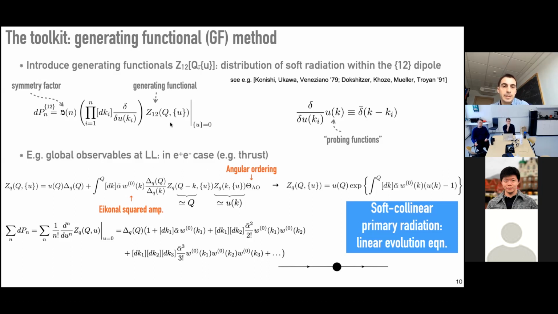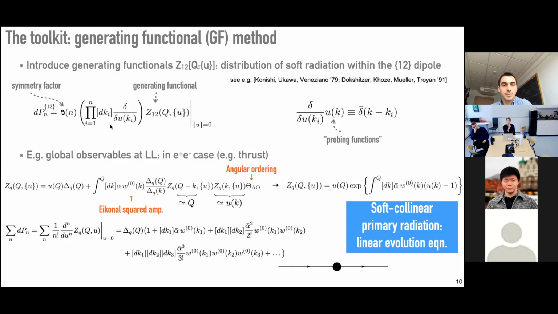And essentially, in a very heuristic way, what it gives is an operational procedure to calculate the probability of having a final state with n partons, in this case, n soft gluons, besides the particles present in the Born configuration, in terms of an abstract object that is this generating function.